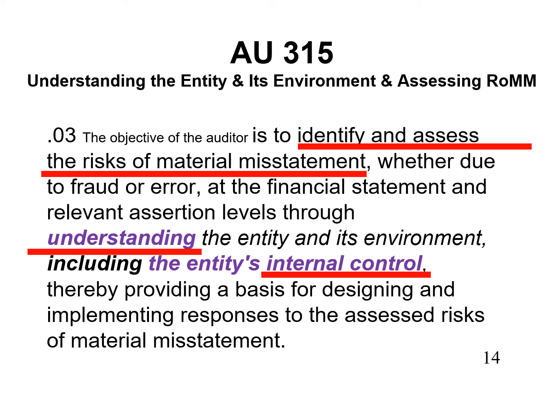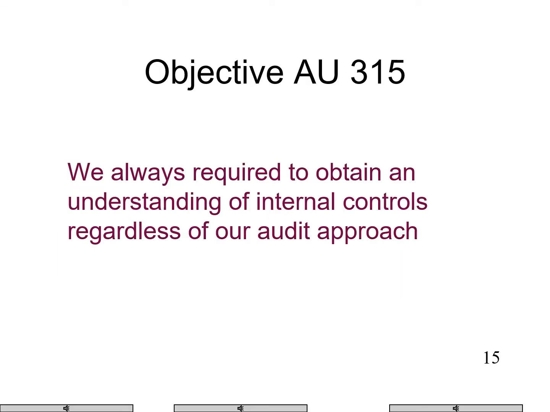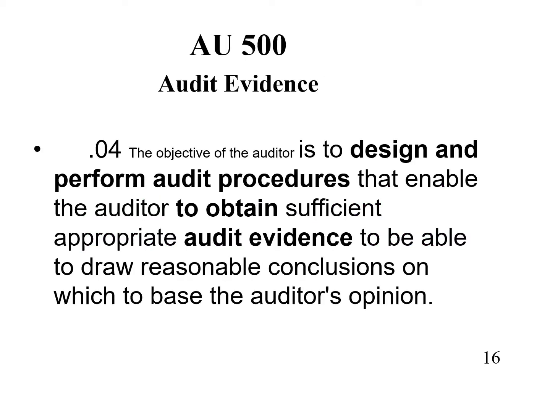Our old buddy, Audit Objective 13, identify and assess the risk of material misstatement. How? By understanding the entity, its environment, and its internal controls. We are always required to understand the internal controls, regardless of our audit approach. This is a thou shalt. So Objective AU 13 says that we must identify and assess the risk of material misstatement by obtaining an understanding of the internal controls. 500.